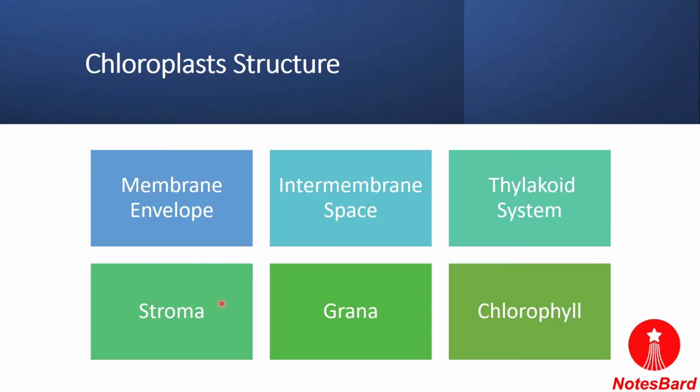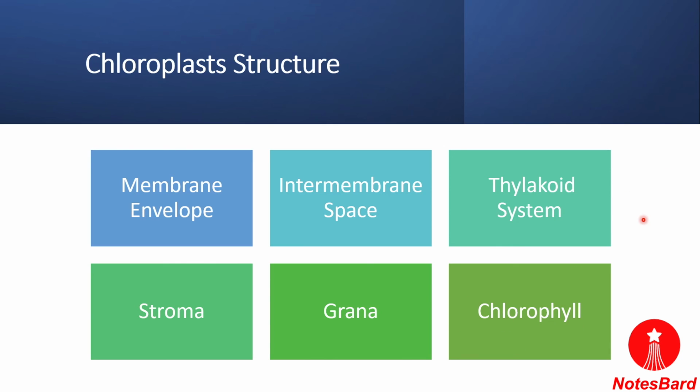Stroma is a colorless, alkaline, aqueous, protein-rich fluid present within the inner membrane of the chloroplast, surrounding the grana. And what is grana? It is the site of conversion of light energy into chemical energy. Last but not least is the chlorophyll, the green-colored photosynthetic pigment which helps in the process of photosynthesis.